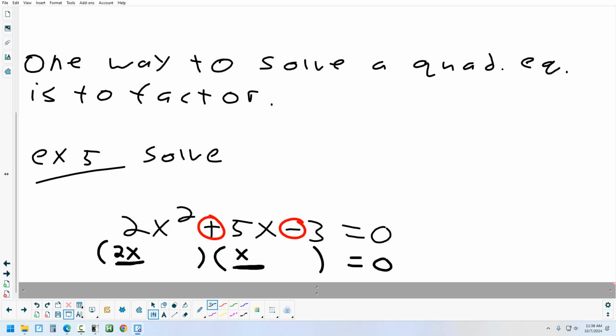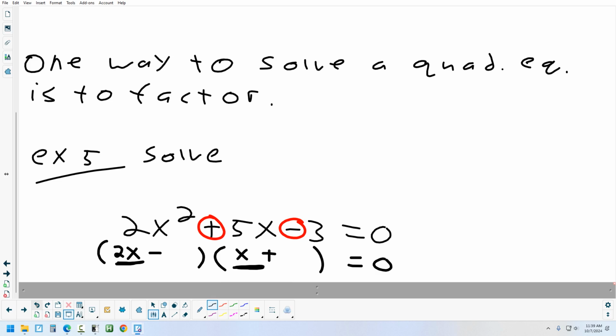Right, you're going to need one positive and one negative, because in a minute, you're going to have to multiply something times something to get -3. If you had a positive and a positive, could you multiply those together to get -3? No. If you had a negative times a negative, would that give you -3? No. Negative times negative is positive. So to get a negative, you need one of each.